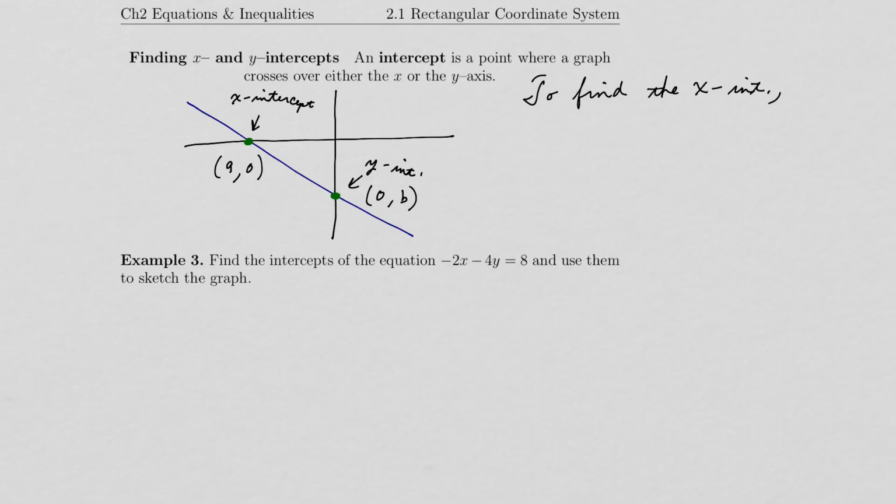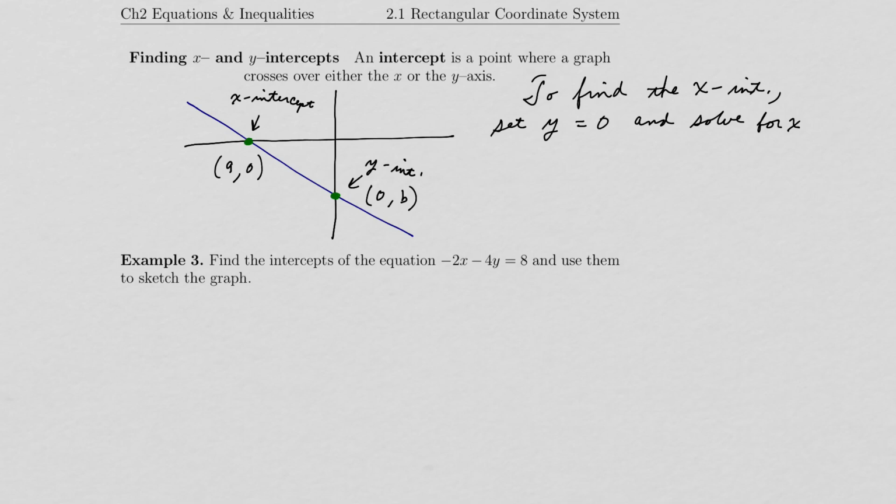What you do is you set y equal to 0 and you solve for x. Okay, so to find the x-intercept, I set y equal to 0 and I solve for x, right?